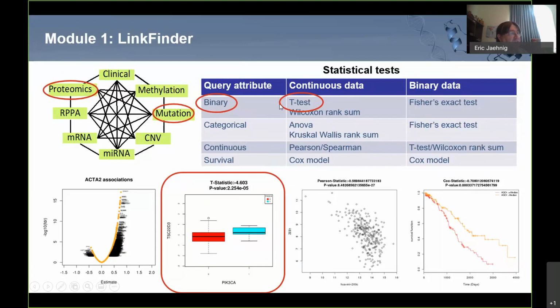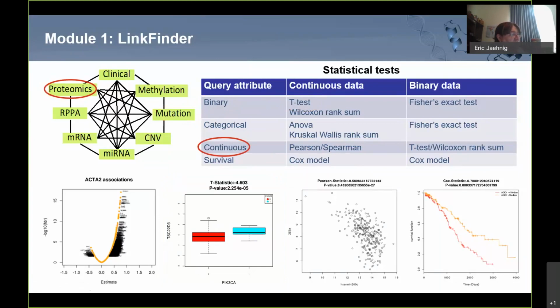So Link Finder will perform a t-test comparing the protein levels for the samples that have the PIK3CA mutation with those that don't have the PIK3CA mutation, for each protein in the proteomics data set. And you can plot your protein of interest as a box plot as shown here.